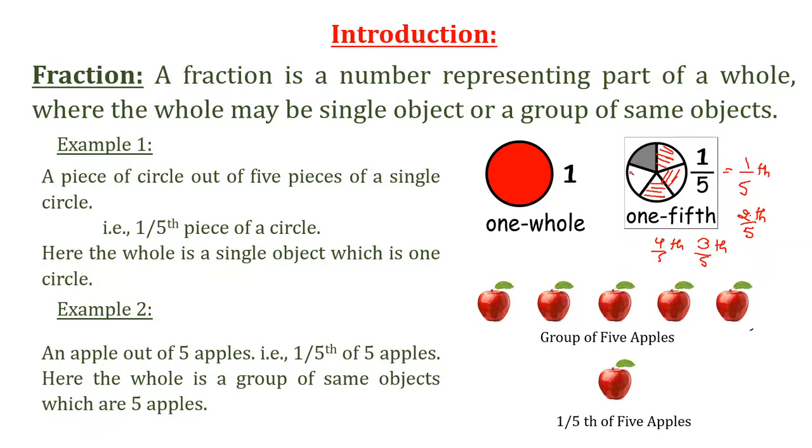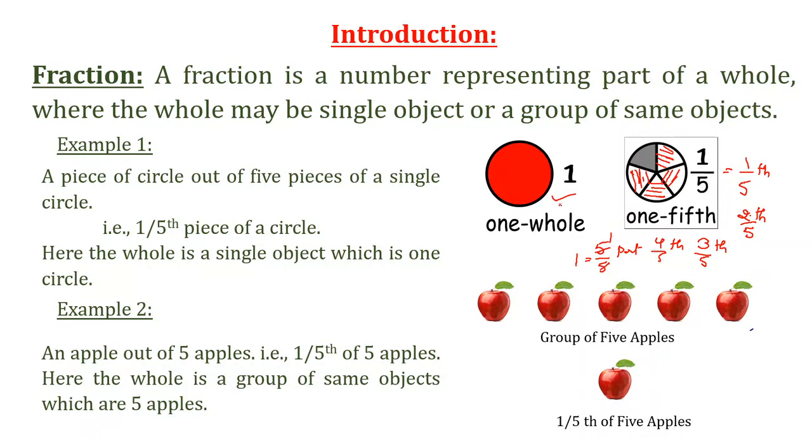If I am taking all the parts, out of 5 parts, then we can write it as 5/5. If you divide 5/5, you will get 1, which means one whole. 5/5 means out of 5 parts you are taking all 5 parts, which is nothing but one whole.